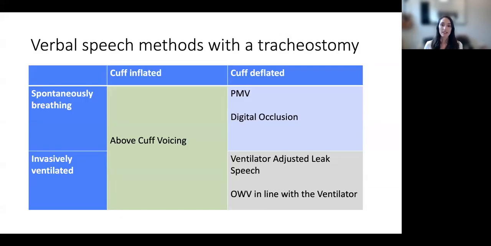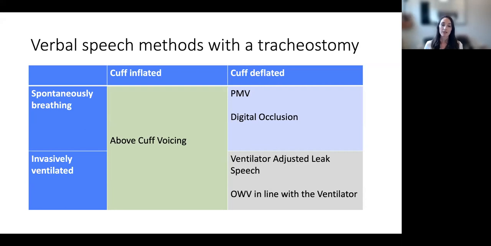Aside from speaking valves, there is a whole range of verbal speech methods that people with a tracheostomy might like to consider. Whether the person can manage cuff deflation or whether the person requires invasive ventilation influences what verbal speech method might be most suitable. So where people need to have the cuff inflated, then above cuff voicing that we spoke about earlier could be the best option.